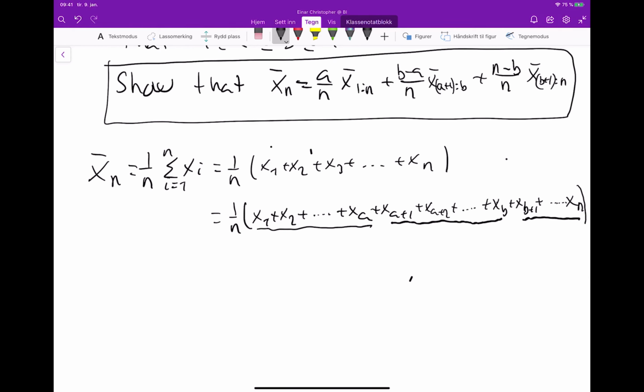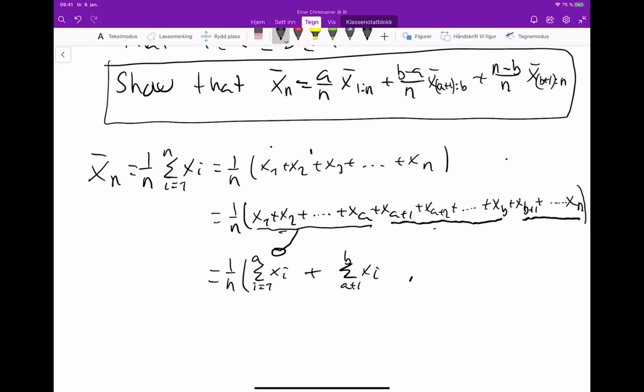So this is then actually equal to 1 divided by n, the sum of the first a x's. So this one is this one, plus then I sum from a plus 1 to b.